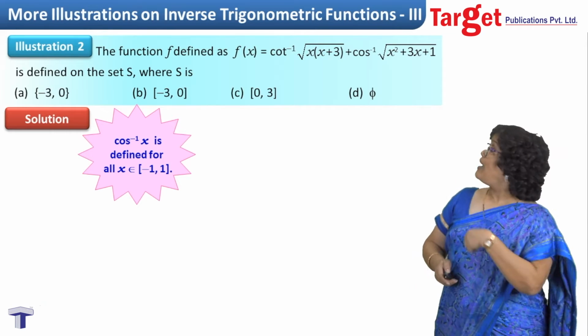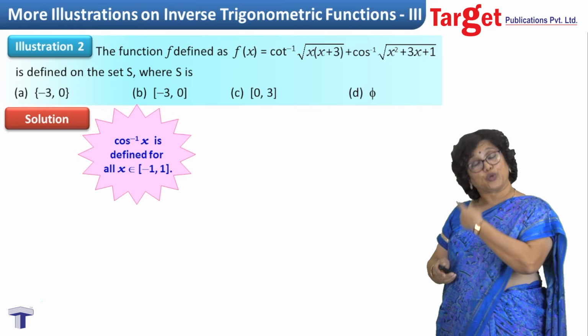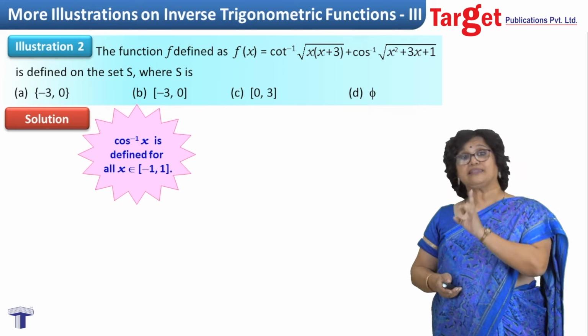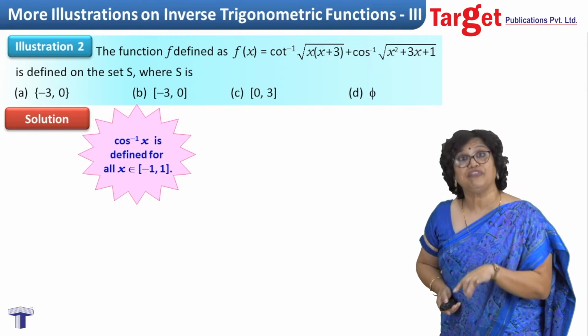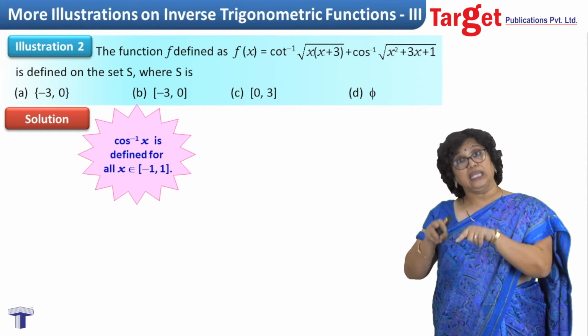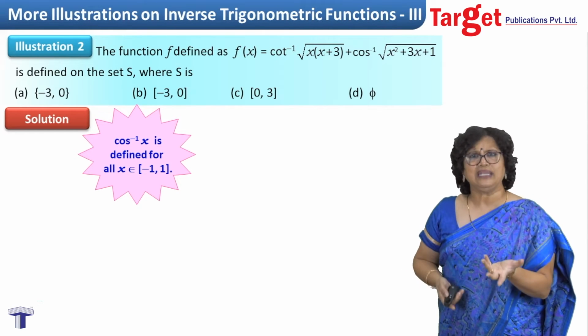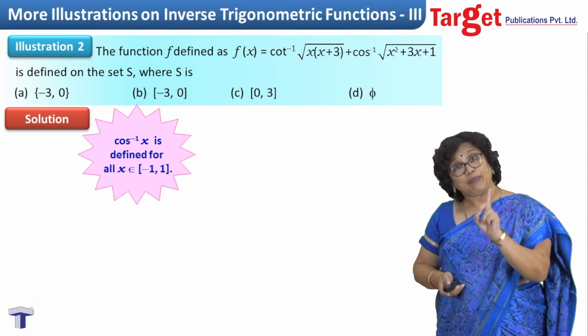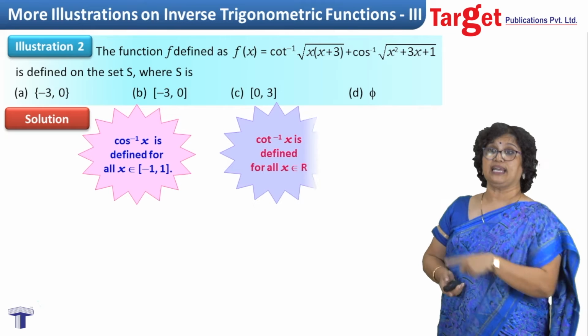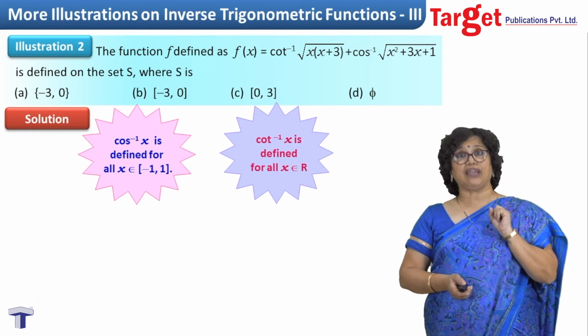That means if I am writing cos inverse of square root x square plus 3x plus 1, then that square root of x square plus 3x plus 1 should be between minus 1 and 1. Actually, minus 1 is not required because the square root would be a non-negative quantity. So I will be using this condition for cos inverse there, and also for cot inverse we have to see.